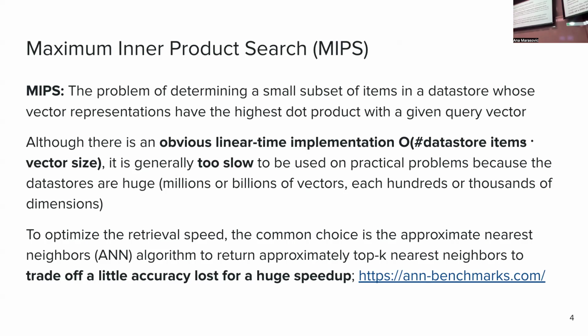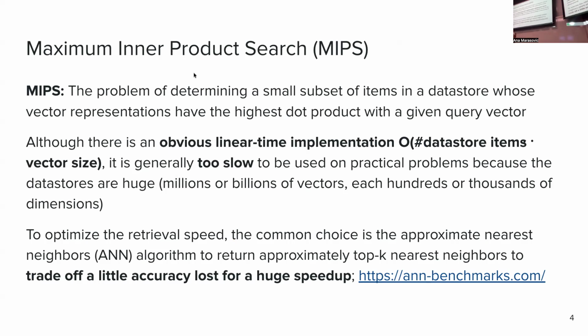And obviously there is a linear time implementation, but it's generally too slow to use in practical settings. So to speed up this problem, the common choice is to use the approximate nearest neighbor algorithm.